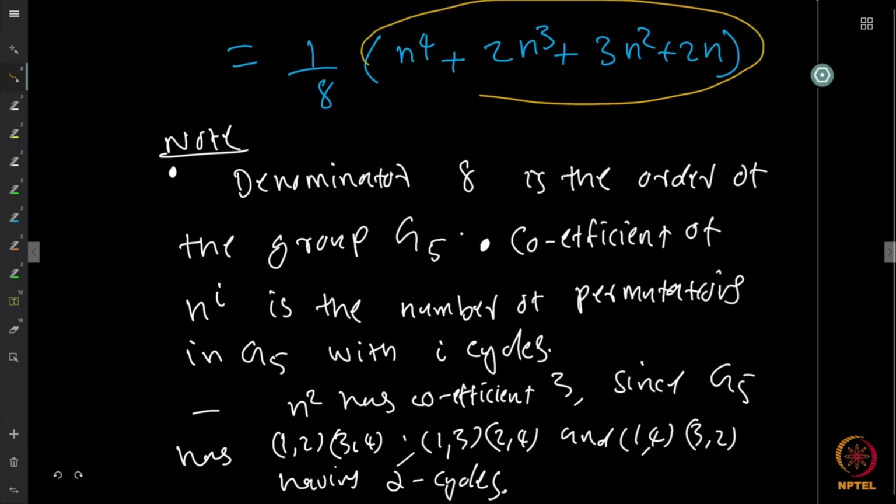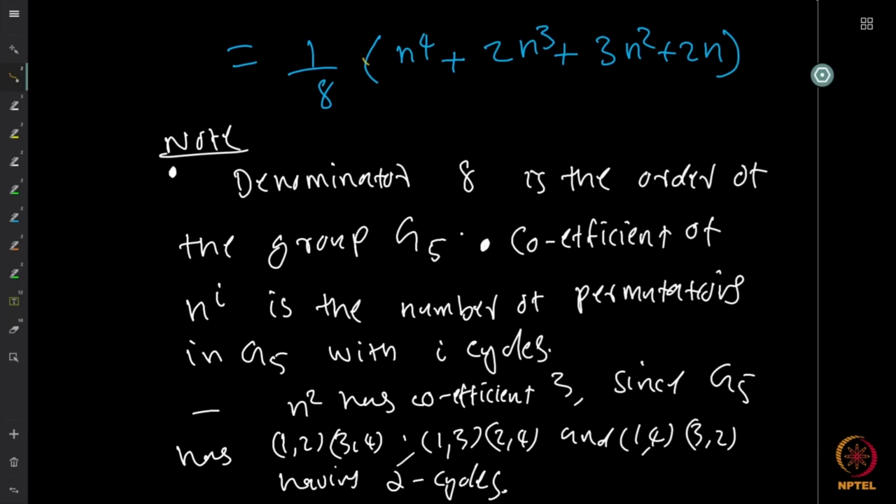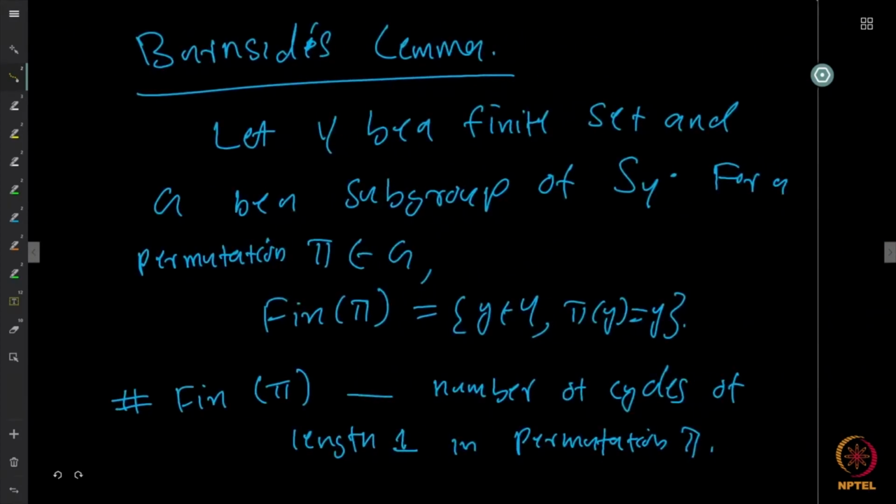The coefficients of these terms are going to be precisely the number of permutations in the group that we are looking at having exactly 3 cycles, exactly 4 cycles, exactly 2 cycles, and exactly 1 cycle, right? So this can be generalized. That is what it says. So here we have Burnside's lemma.